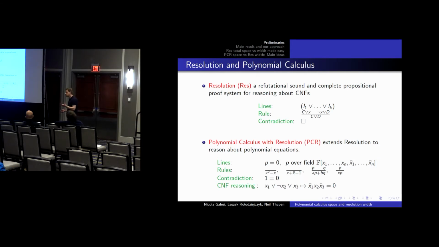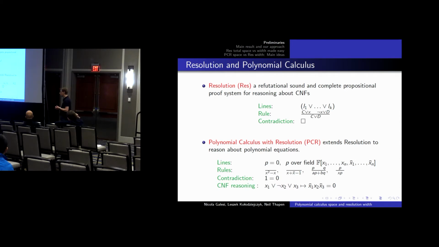And then we just say, well, if two polynomials p and q are 0, then clearly any linear combination with a and b living in the field is also 0. And if the polynomial p is 0, then any variable x times the polynomial p is also 0. And we derive that there is no common root to this set of polynomials by deriving the constant polynomial 1, which very rarely evaluates to 0.